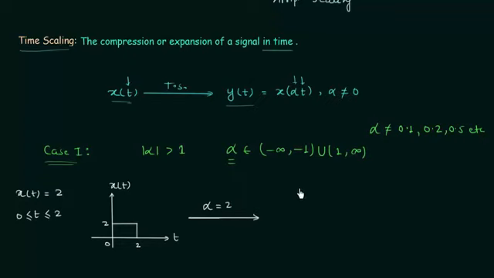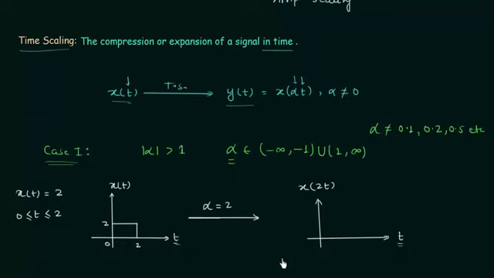This means we have to find out x(2t), because alpha is equal to 2, and it is very easy to find out x(2t). Y-axis is for x(2t) and x-axis is for time t. You can see one thing, we have kept the time axis same. Here the time axis is for t, and in this case also the time axis is for t.